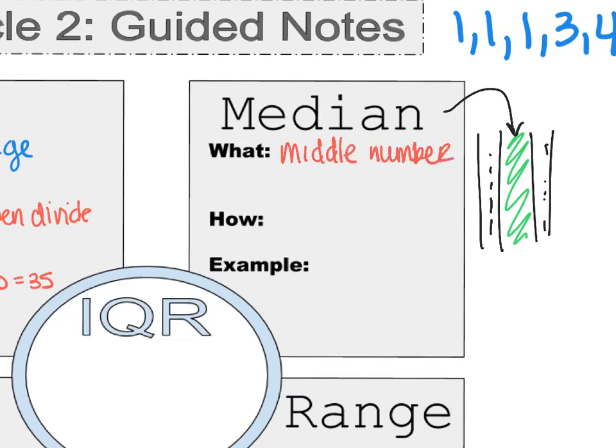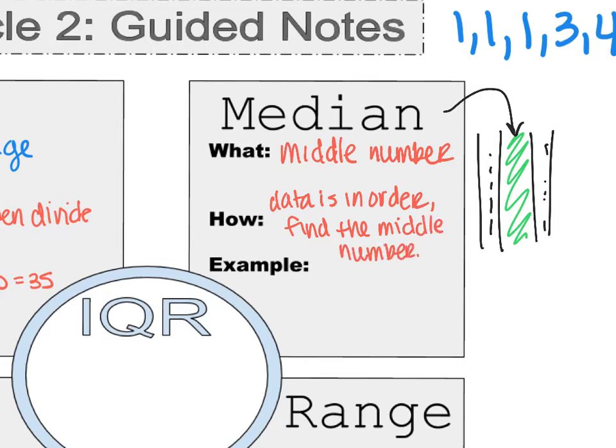So for how, you want to make sure your data is in order, and then you find the middle number. It's really important that your data is in order. If your data is not in order, then you're going to find a middle number, but that's not going to be the median of your data. So make sure your data is in order from least to greatest.